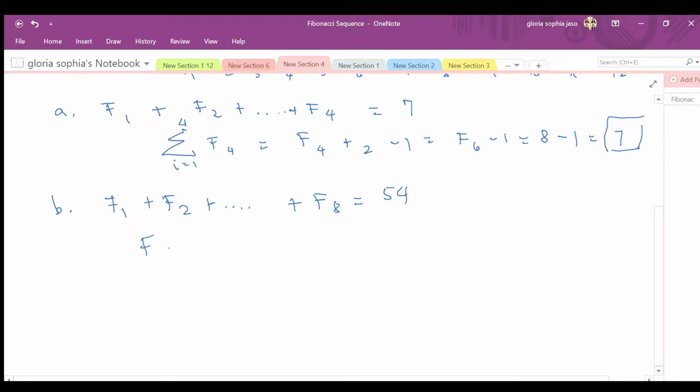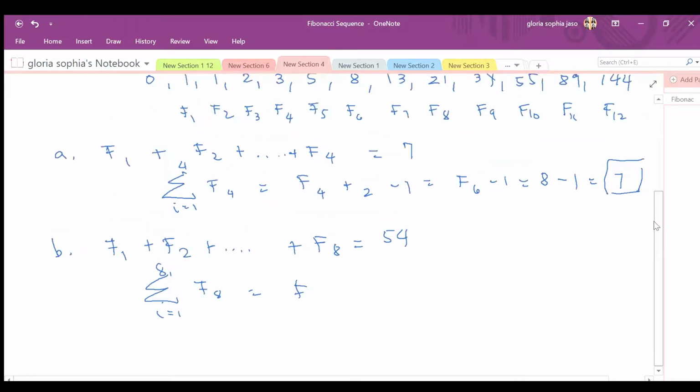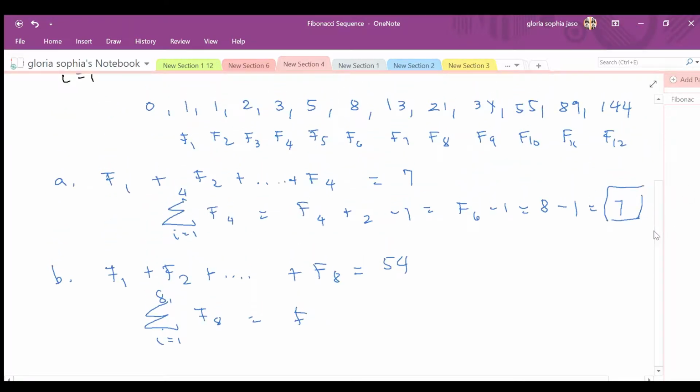So, the summation of F sub i from 1 to 8. That's F sub n, so that's 8 plus 2 minus 1.